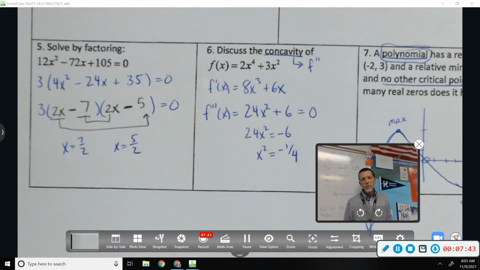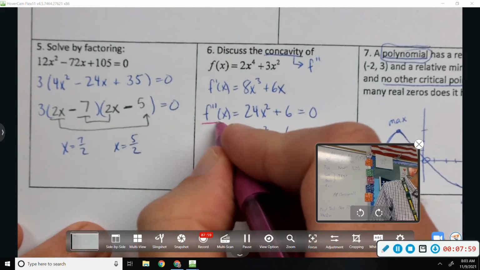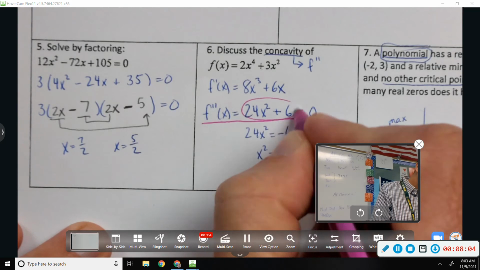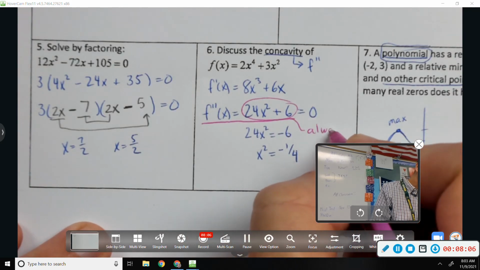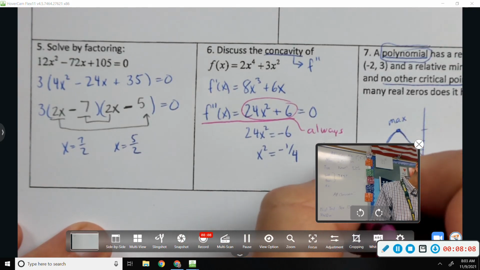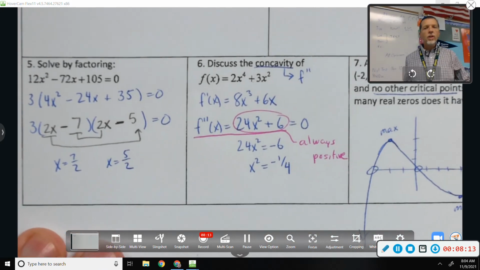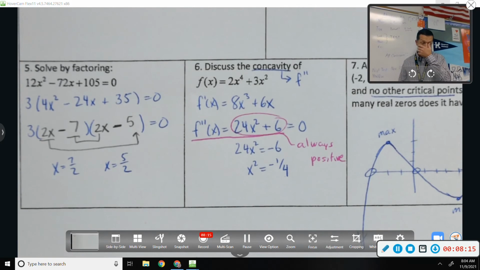So what does that mean? If there's no places where it's 0, what's going on here? Maybe if we'd have really been paying attention, we'd have seen it here. 24x squared plus 6, that's always positive. Square something and then add 6 to it.